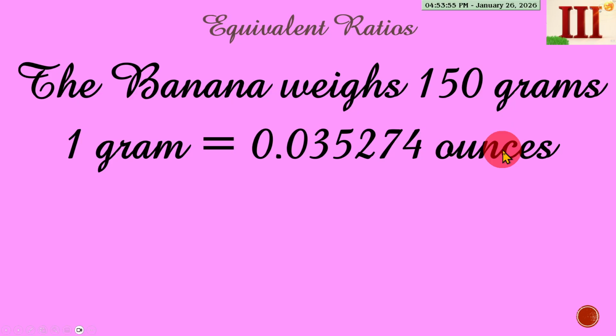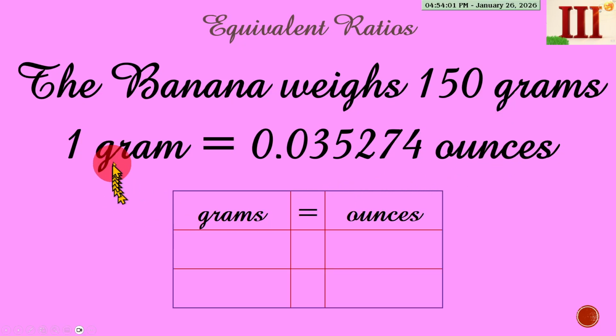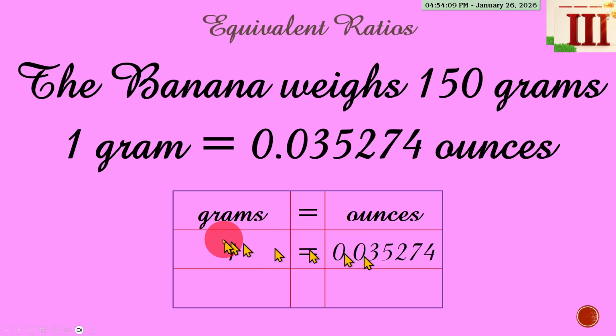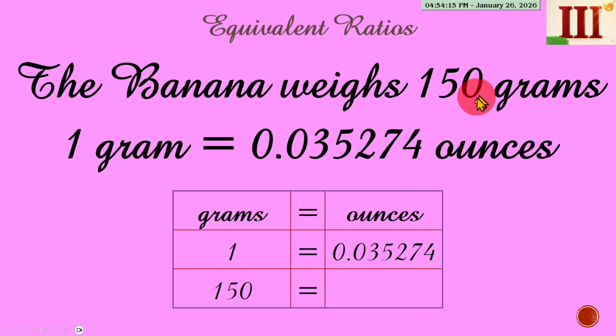We're using calculators, so these large numbers don't intimidate us. So what we want to do is we want to make sure we label two units, grams and ounces. There's an equal sign right here. Put the conversion underneath, the 1 gram and 0.035 ounces. We know it's going to be 150 grams, so the 150 goes under the gram, and we put the X under the ounce.